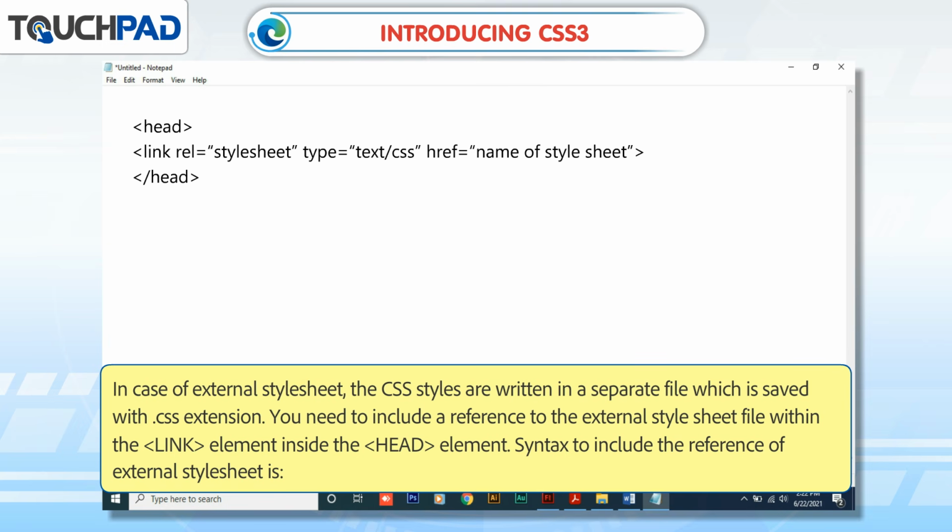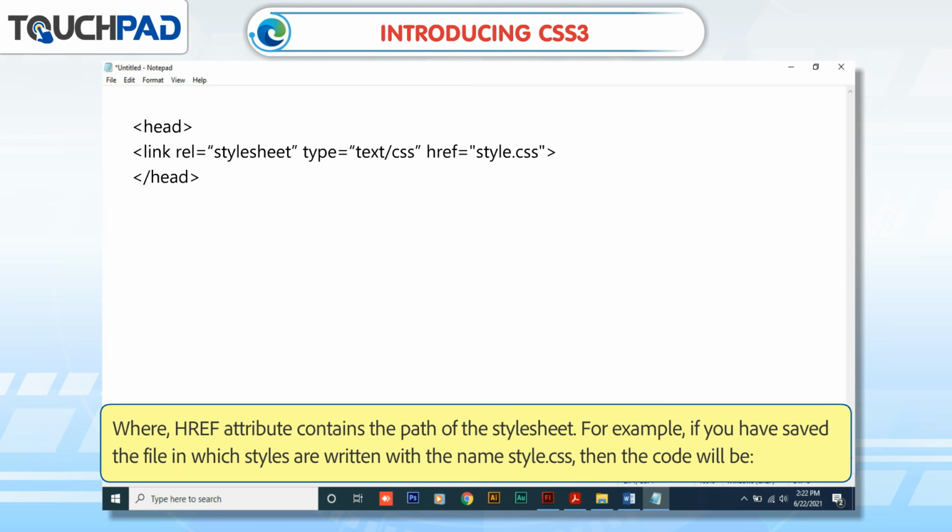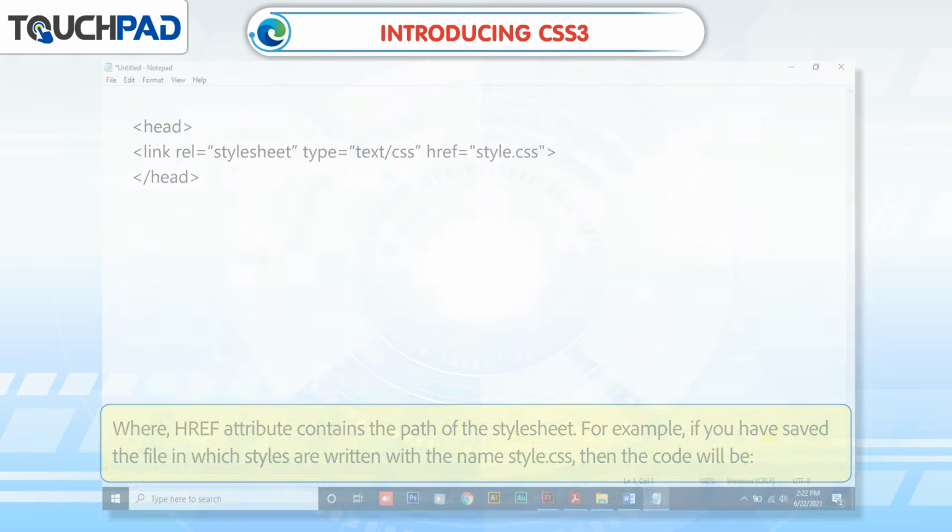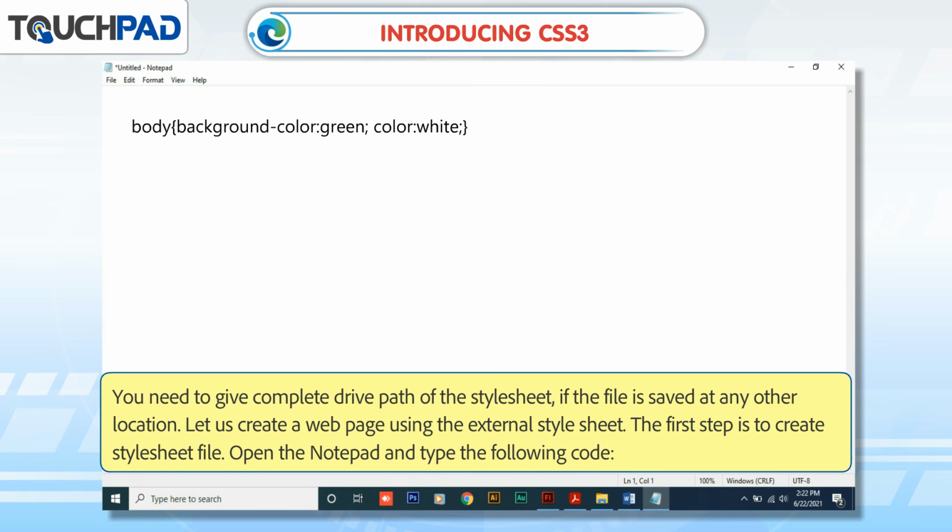Syntax to include the reference of external style sheet is where href attribute contains the path of the style sheet. For example, if you have saved the file in which styles are written with the name style.css, then the code will be. You need to give complete drive path of the style sheet if the file is saved at any other location.